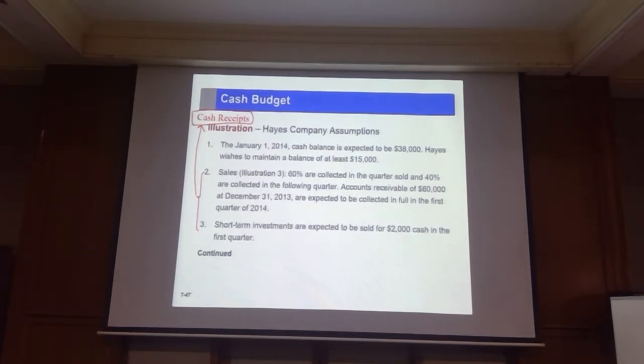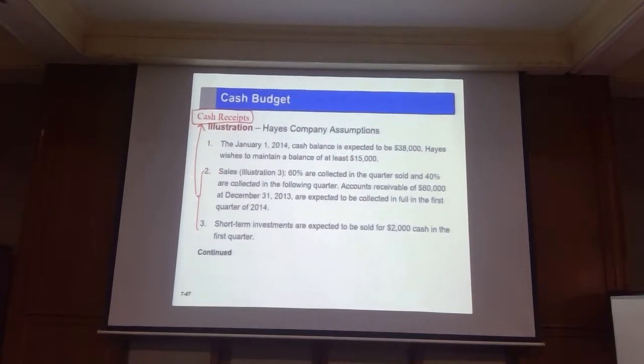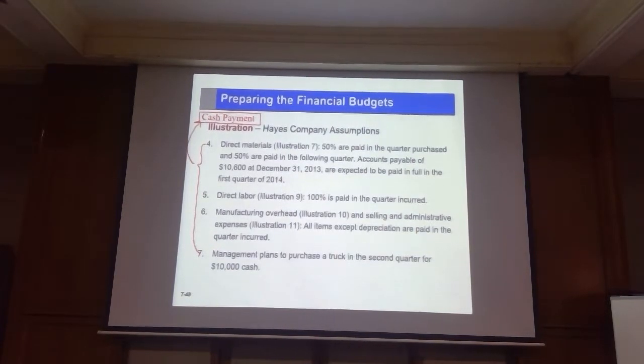And we also know that this company plans to sell short-term investment in the first quarter, and the company will receive cash of 2,000. As you can see, information number 2 and number 3 tell you about the cash that the company will receive in 2014, right? And we have more information.